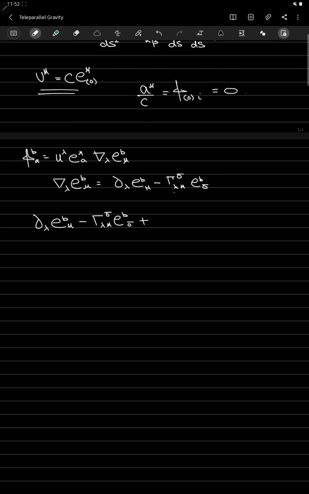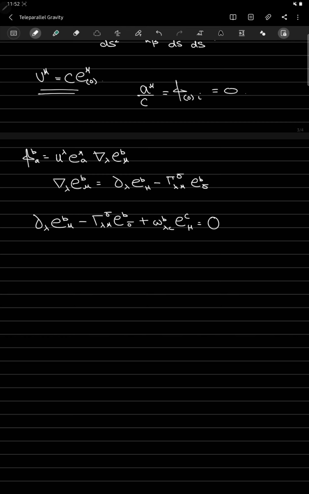and if I add to this the metric compatible torsion, which is defined as this omega b lambda c times e c mu, then this is equal to 0.